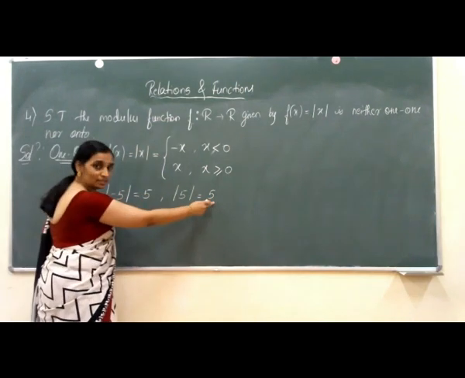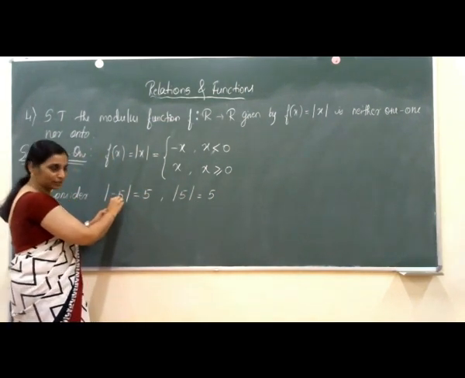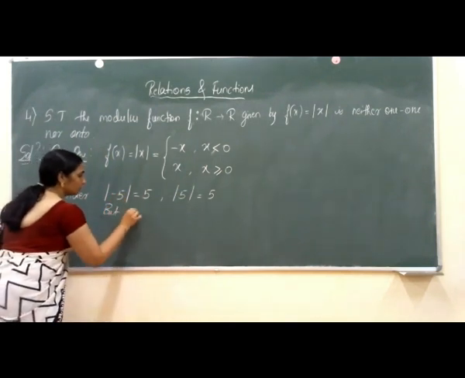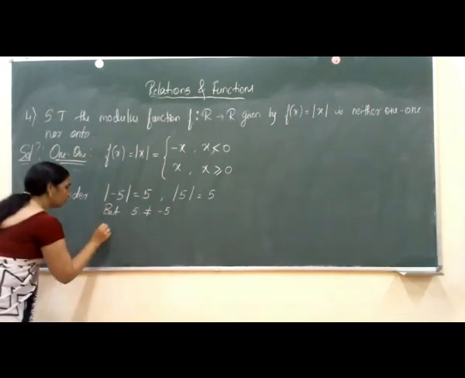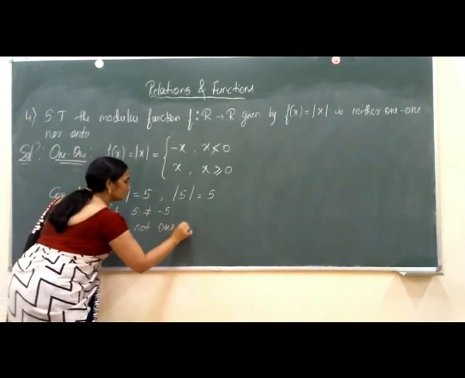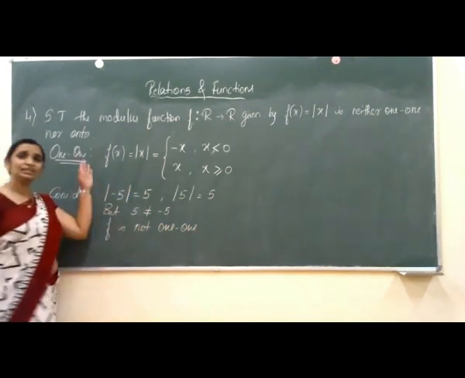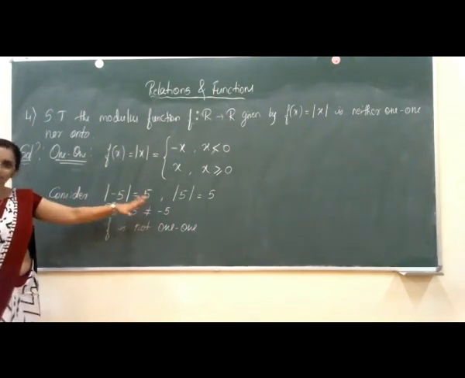The image is the same, but the elements 5 and minus 5 are different. But 5 is not equal to minus 5. Therefore, f is not 1-1. It is very easy to prove these types of questions. We only have to provide an example, that is sufficient.